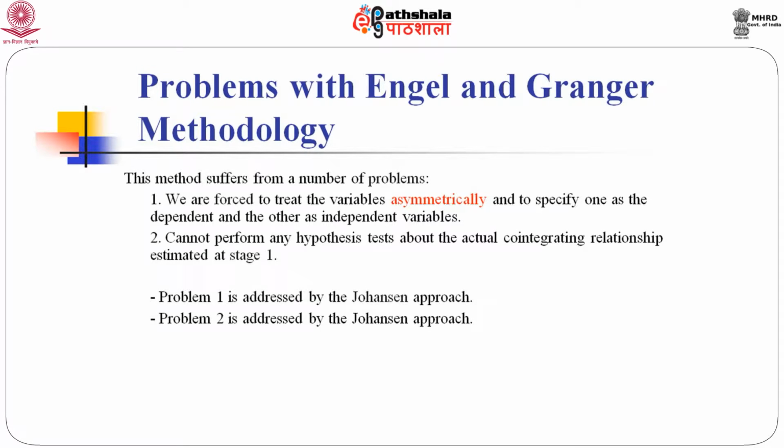Now, we have discussed the Engle-Granger methodology of two-step cointegration. Let me discuss a little bit about the problems with the Engle-Granger methodology. This method suffers from a number of problems. First of all, in this case, we first treat yt as a dependent variable and xt as an explanatory variable, perform the regression, obtain the residual, and then test whether the residual follows I(0) or not.